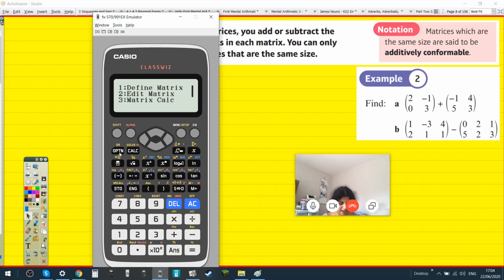I don't know how to add them together, but in my one, I just have to find matrix A plus matrix B, and then I add them that way.